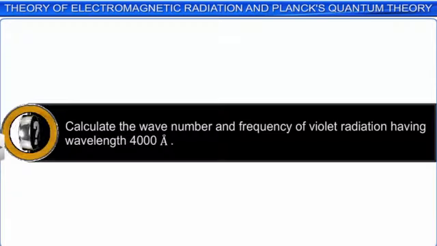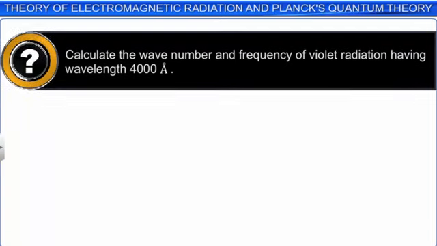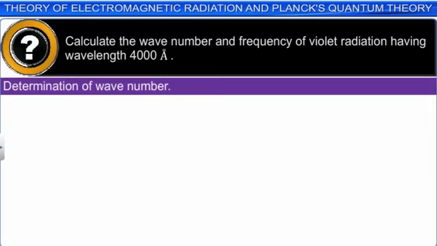Calculate the wave number and frequency of violet radiation having wavelength 4000 angstrom. First, let us calculate the wave number. The first step involves writing the formula to calculate wave number, that is, nu bar equals 1 by lambda.